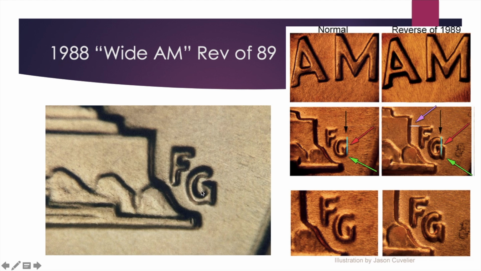Instead of just having it look like almost a C, there's the defined part of the G. That was intended for the reverse of 1989, but a few of them snuck onto the 1988, but both of them have wide AMs, so it's not really the distinguishing mark that's interesting. It's really just the reverse of 1989.